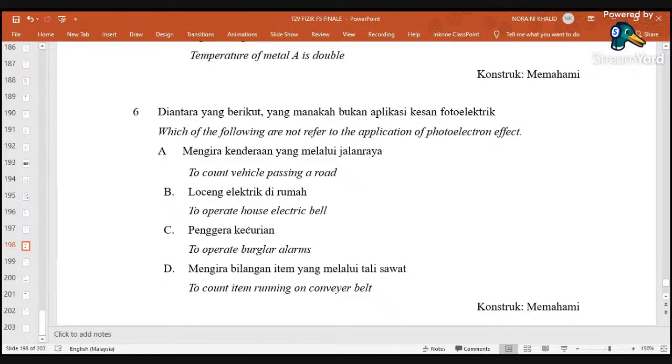To operate a house electric bell, electric concept. To operate a burglar alarm, this one can use the photoelectric effect. To count items running on a conveyor belt, also can. So this is not an application of the photoelectric effect.